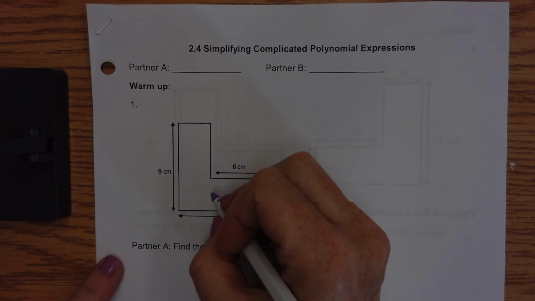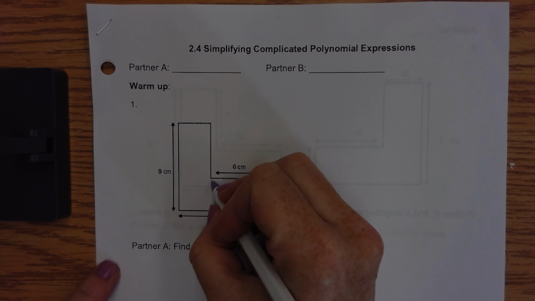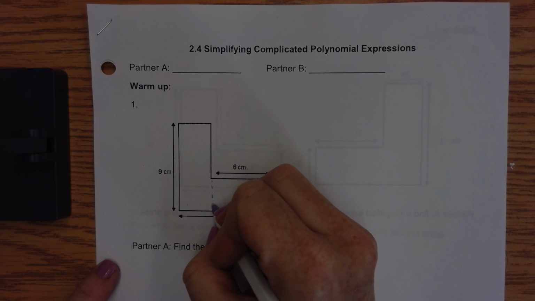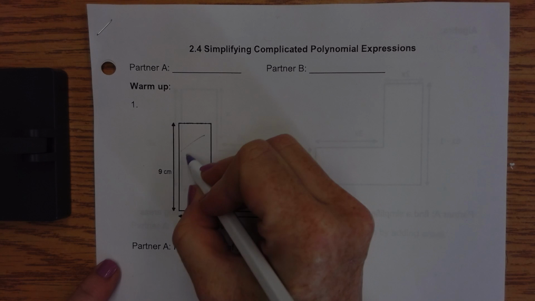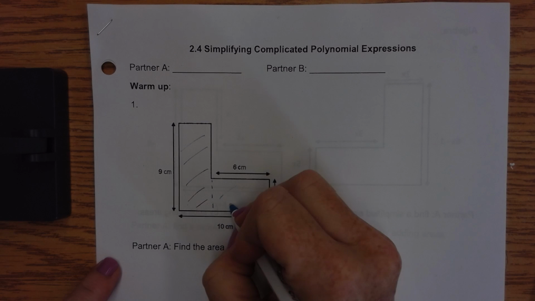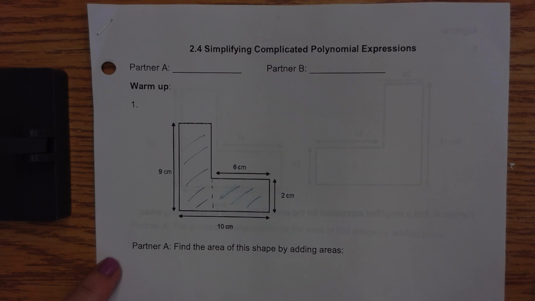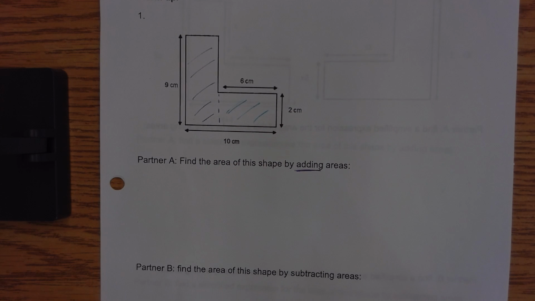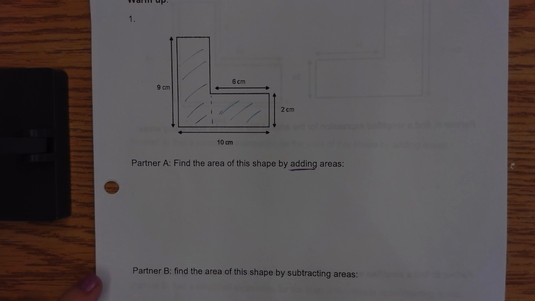So we could split this up, and then we would have this shape as one of our shapes, and our other shape could be this one. So we could split it up into two shapes. If we did that, we could just calculate the area by adding up the area of the two shapes.